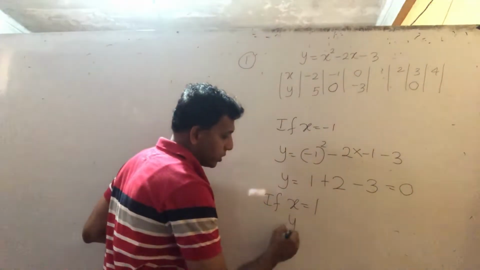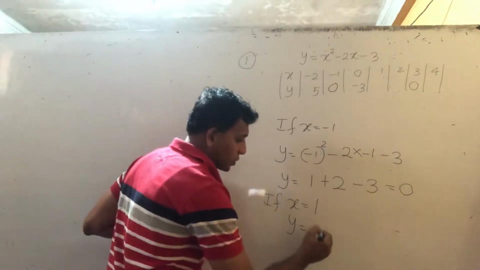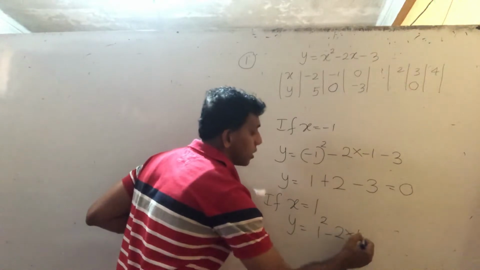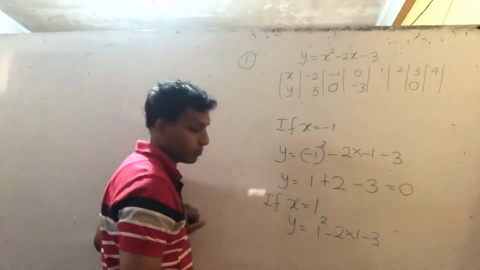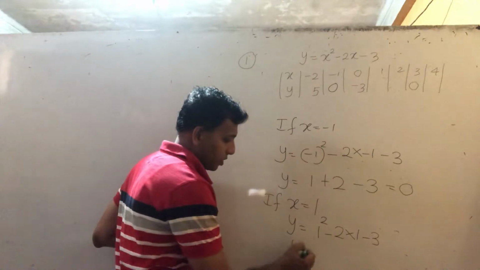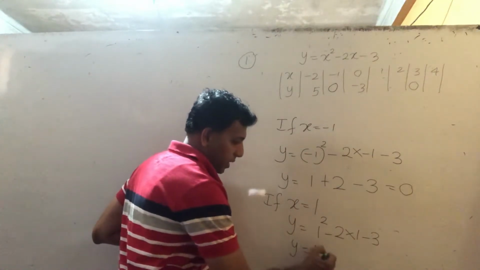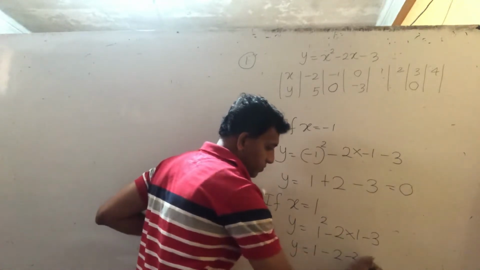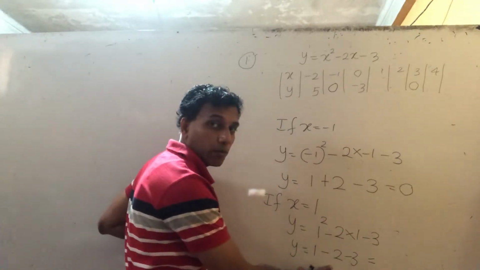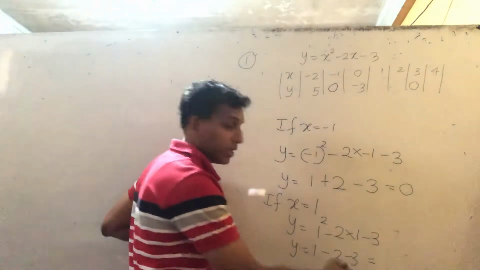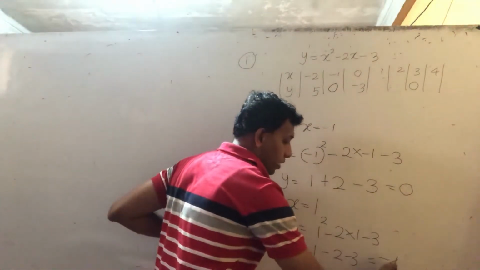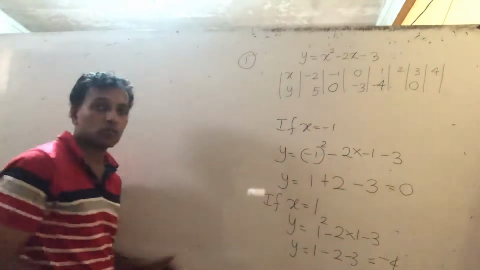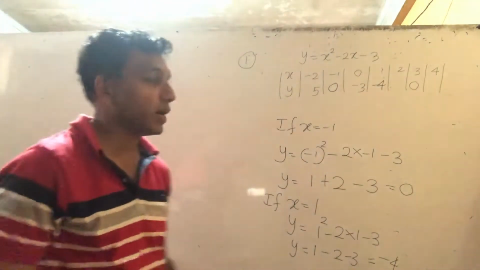Y equal, put x for 1, 1 square minus 2 times 1 minus 3. Simplify. 1 square is 1, minus 1 times 2, 2, minus 3. What is the answer? 1 minus 2 minus 1 minus 3, minus 4. Okay, minus 4. When x is 1, y is minus 4.